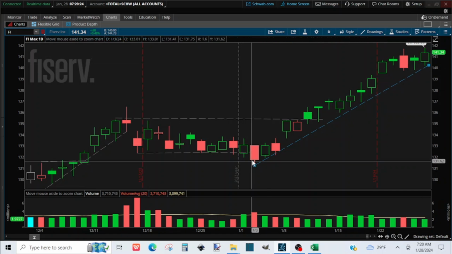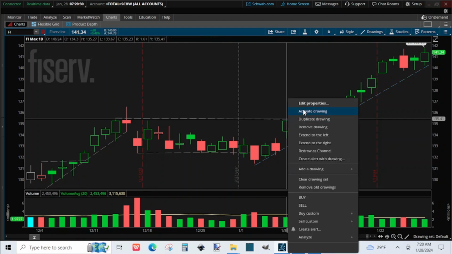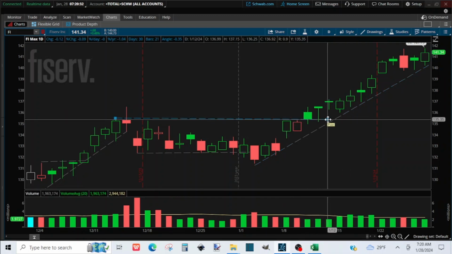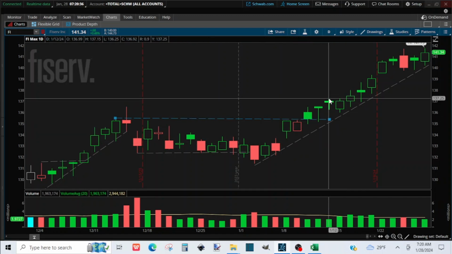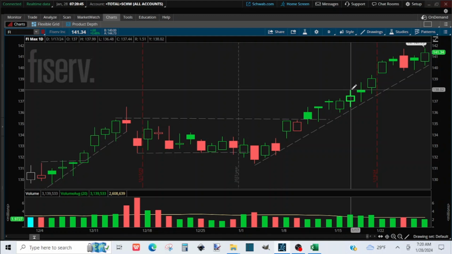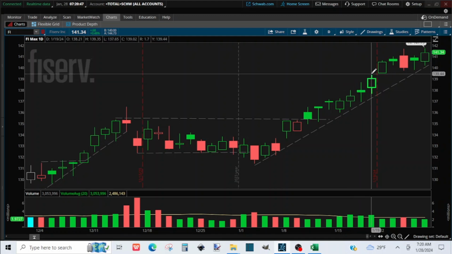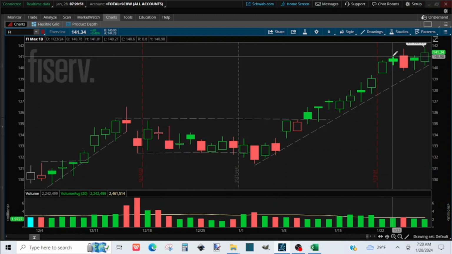So we have this low, it went up, went down, went up to reach that same previous high, went up, went up, went up. No, it's not the high, and went up, went up, went up, went up. That's many days of going up.